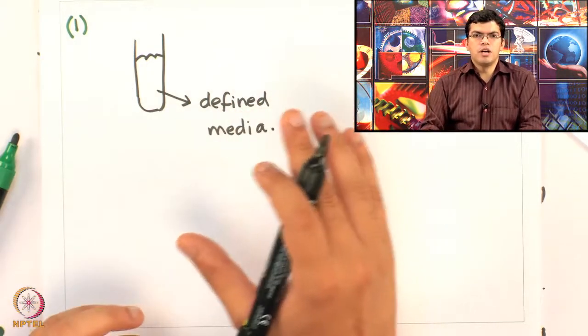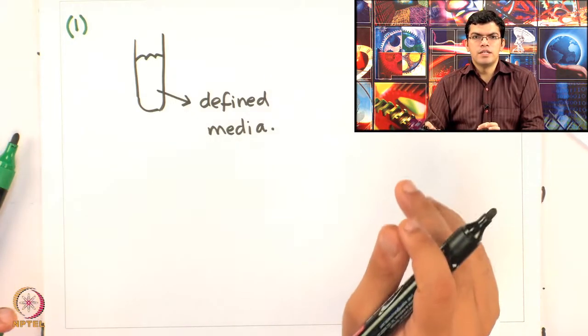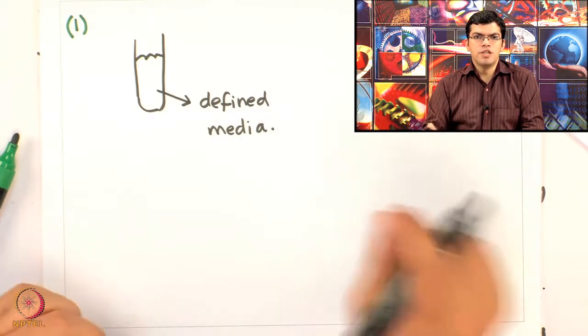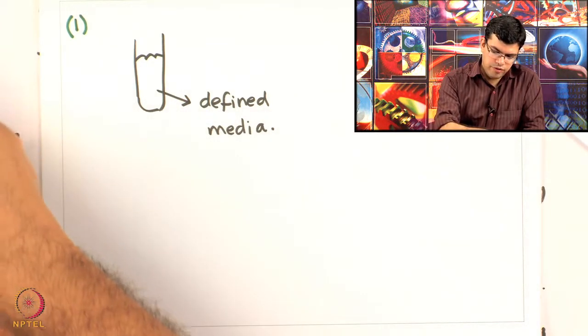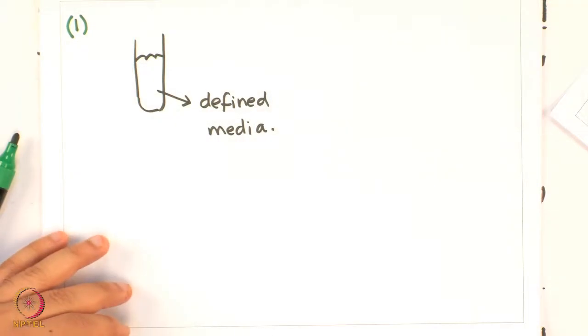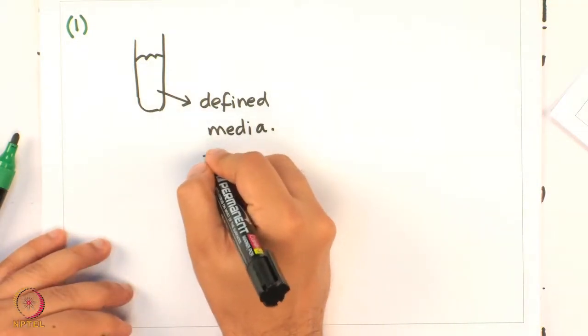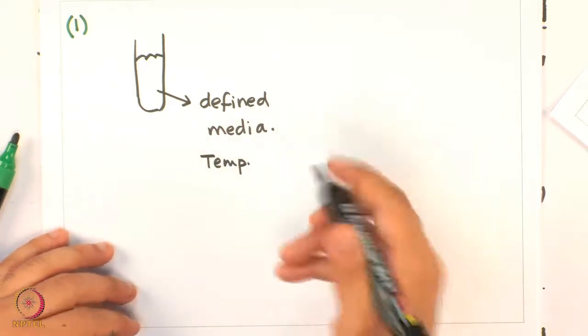How much carbon and any of the other nutrients associated with growth, you exactly quantify how much of each nutrient you add to the media. Once you define that, you also define the physical aspects of growth, such as what is the temperature, at what shaking are you going to do this experiment, and so on and so forth.